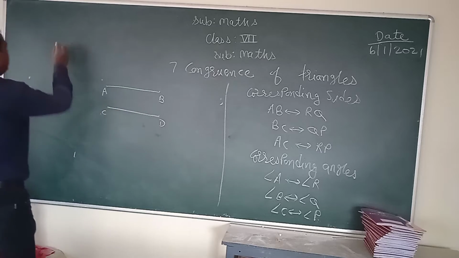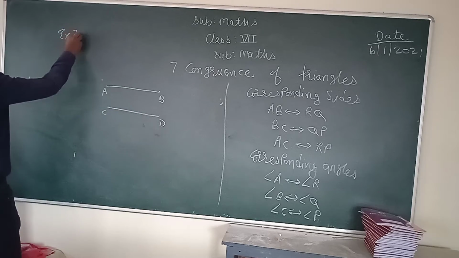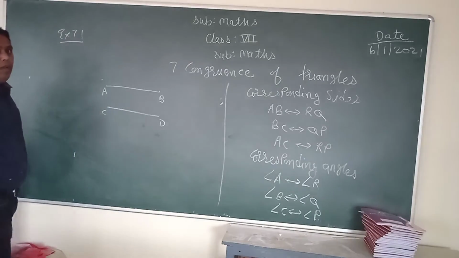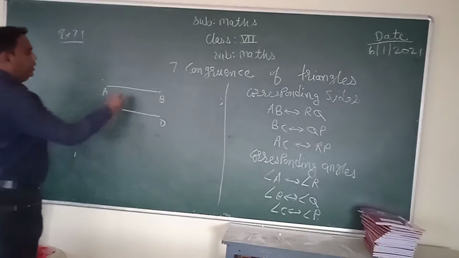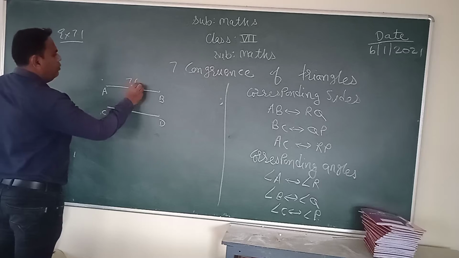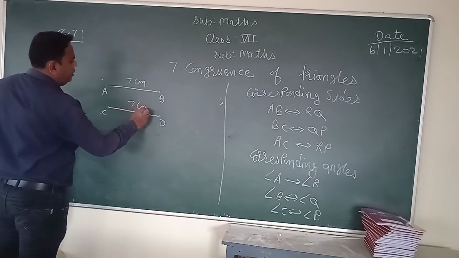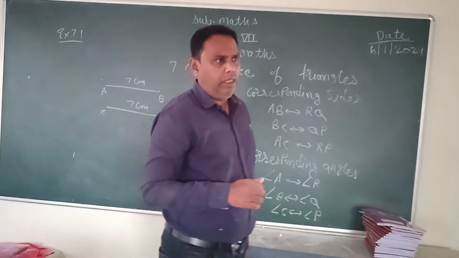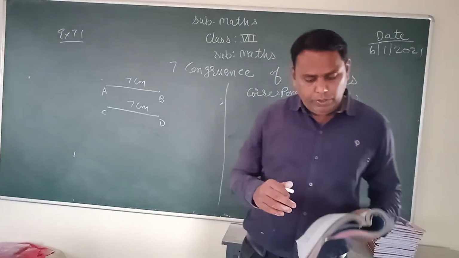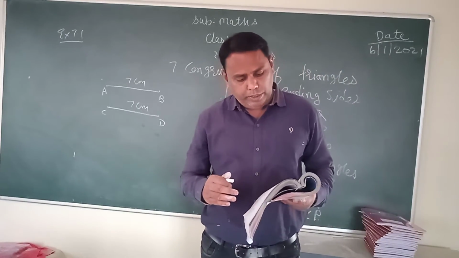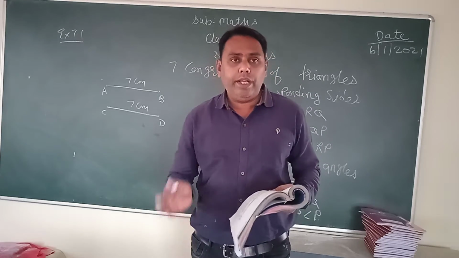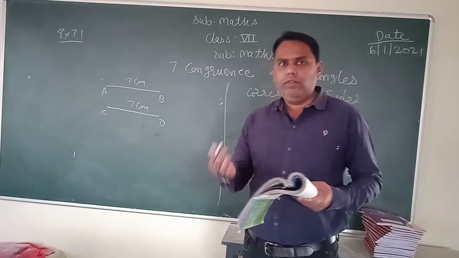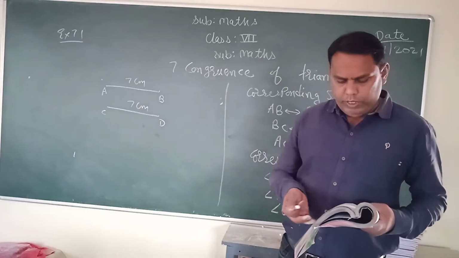These two line segments are congruent here. That means the lengths are equal. इसका मतलब यहाँ पे इनकी length equal है. They have the same length. Suppose it is 7 centimeter, it is also 7 centimeter. उनके length equal होने पर ही वो segments congruent हो जाते हैं. So here the statement is two line segments are congruent if they have the same length. Same length होने के कारण line segments congruent है.